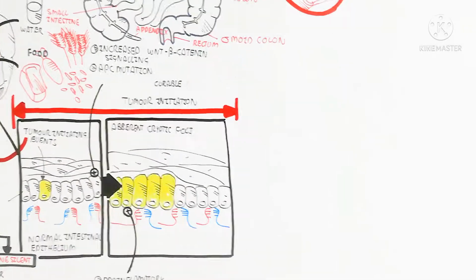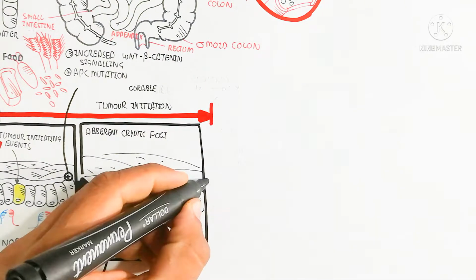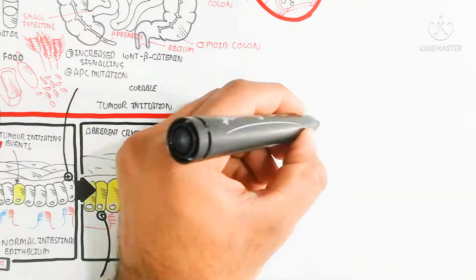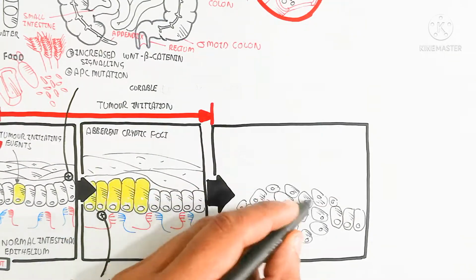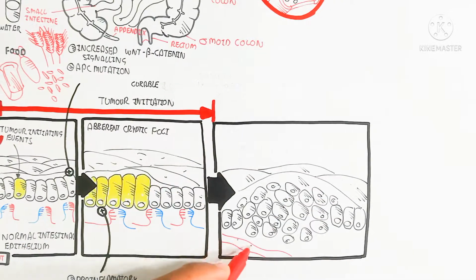This step is longer, requiring 1 year to 8 years for tumor progression, and this is curable, while the next stage is uncurable.